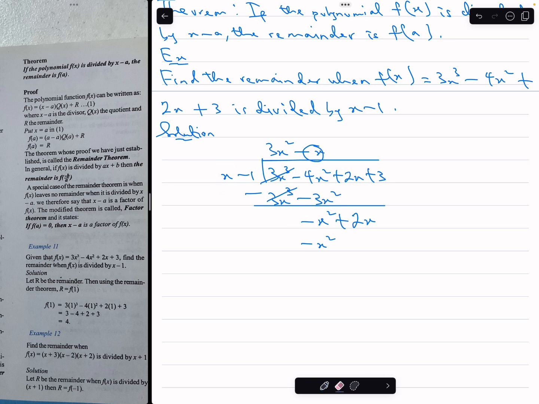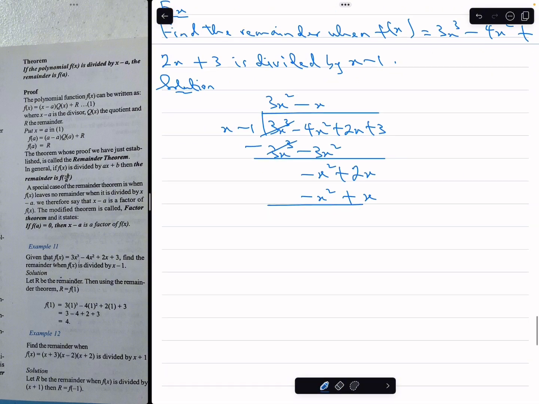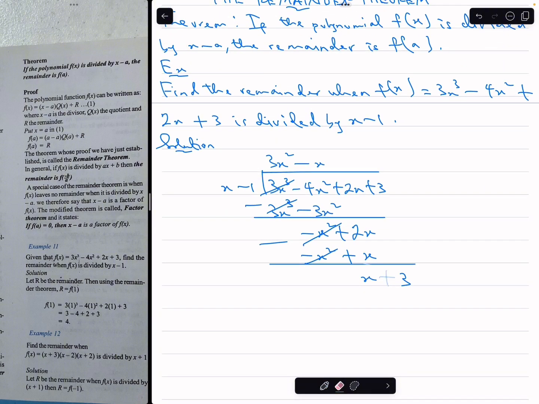And minus 1 times minus x is plus x. We subtract: minus x squared minus minus x squared is 0. 2x minus x is x. We bring down the next term, which is plus 3.